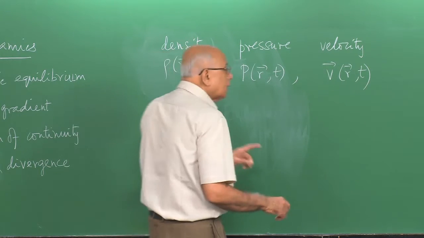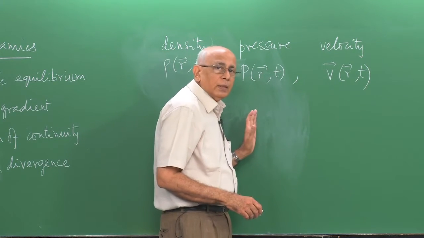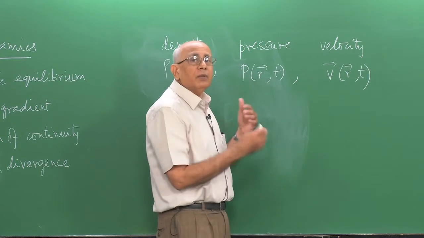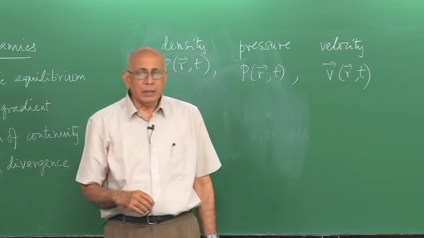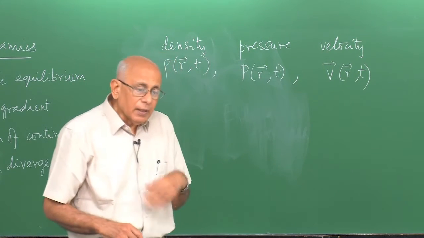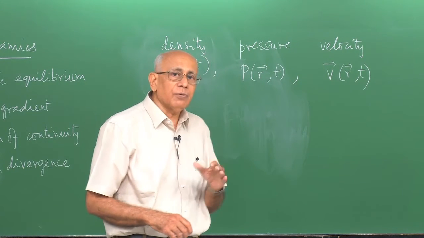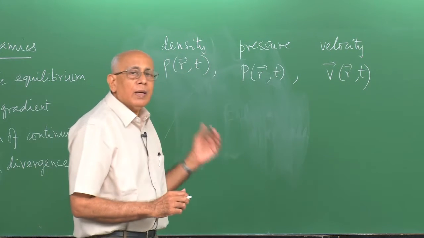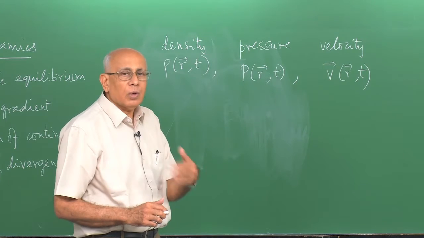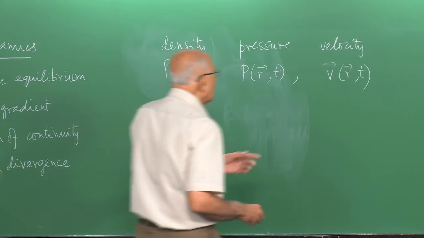I mean the velocity field of the fluid at the point r at a given time t. So at different times different parcels or different elements of fluid would occupy the location r, and I am talking about the velocity of anything that occupies the location r at time t.